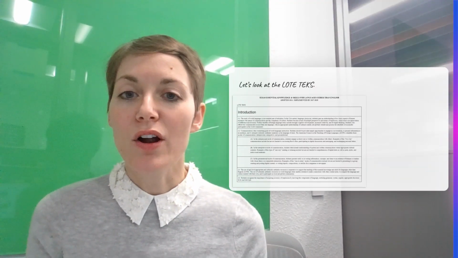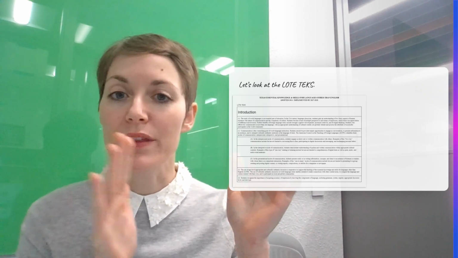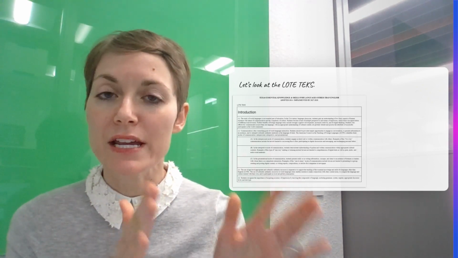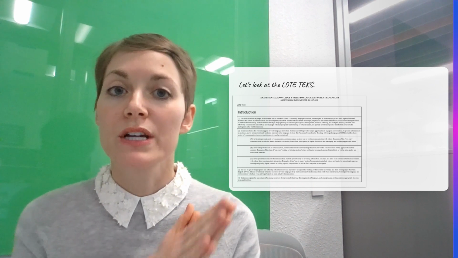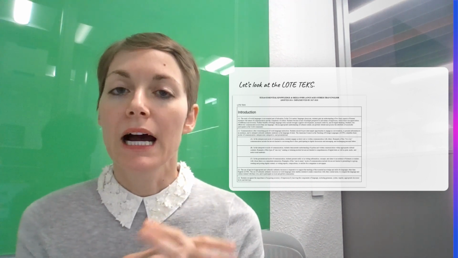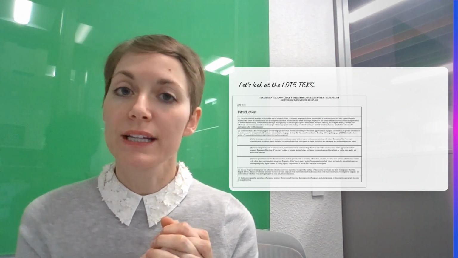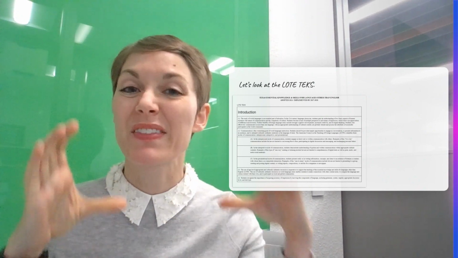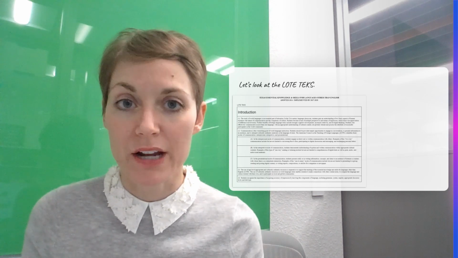Your TEKS are divided into sections. The screenshots that I have here are for spoken languages that are modern languages. For ASL and Latin, your TEKS are slightly different, but they still contain all of the major sections.